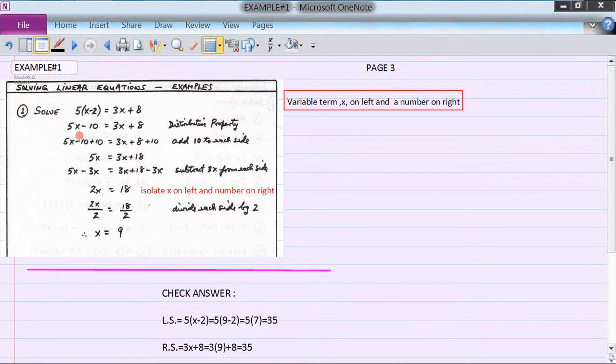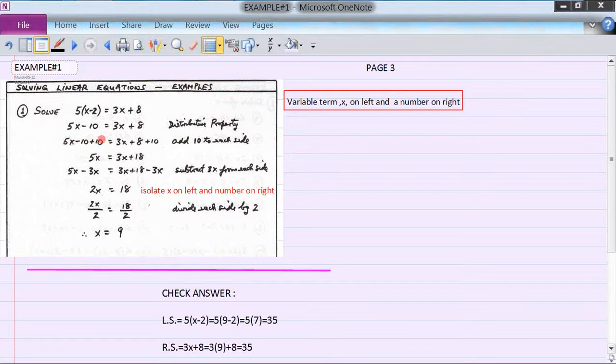Now, remember what I said, I want to isolate the variable on the left side. So I don't want this minus 10 on the left side. So I'm going to add 10 to the left side. And then if I add 10 to the left side, I'm going to add 10 to the right side. Because I just want that 5x by itself, because minus 10 and plus 10 will equal 0.